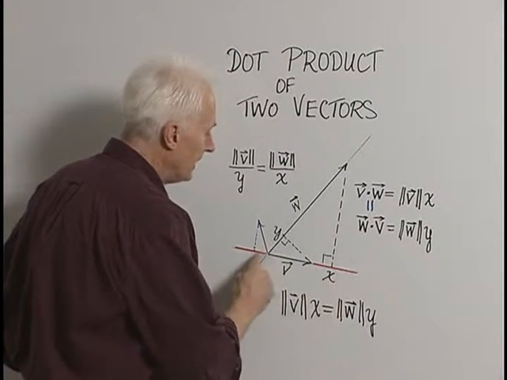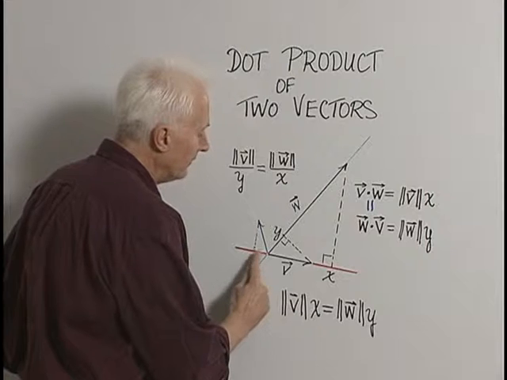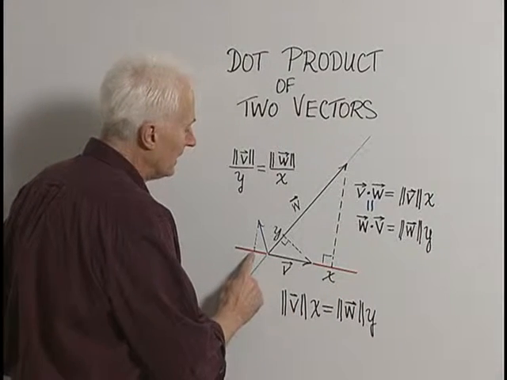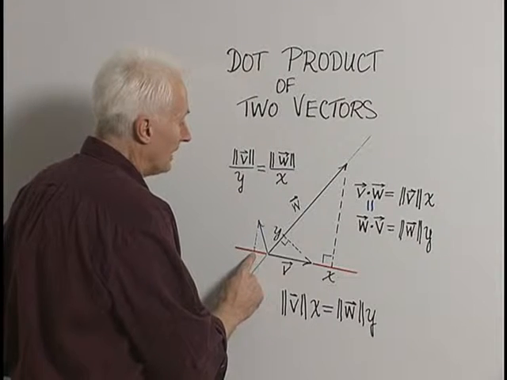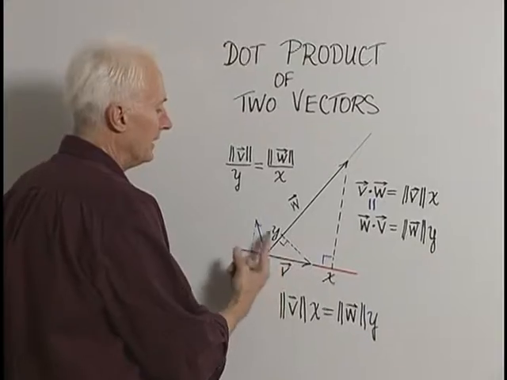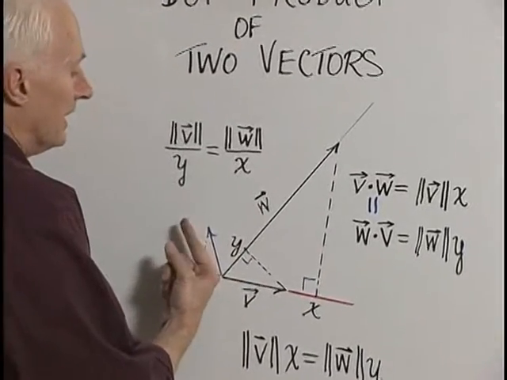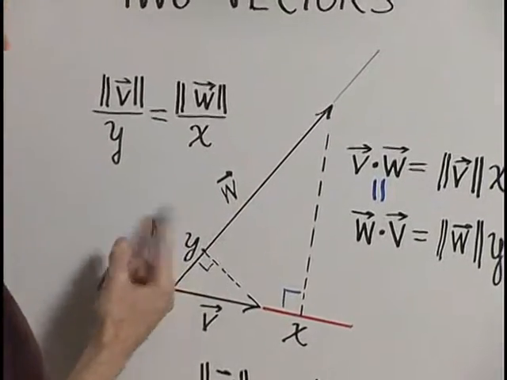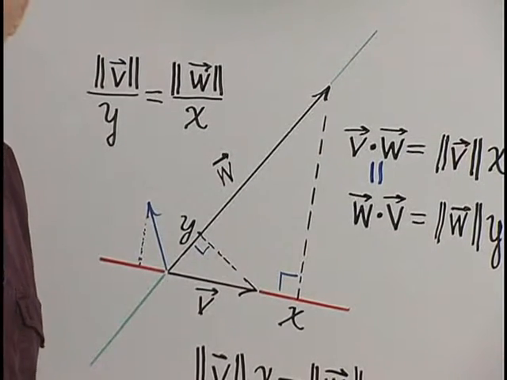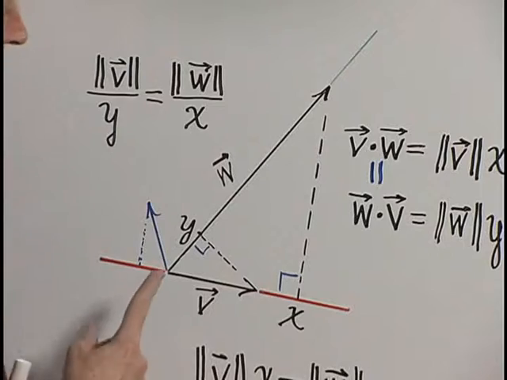Notice on this number line, this point is negative because here's 0, that's the positive direction, and so x in this case would turn out to be negative. Length v times x would be a negative number, and that tells us if the vectors' angular separation is more than 90 degrees, the dot product will be negative.